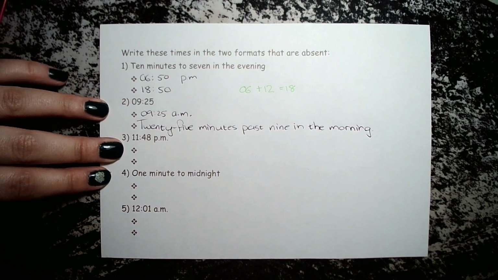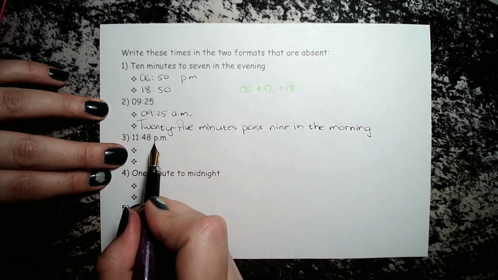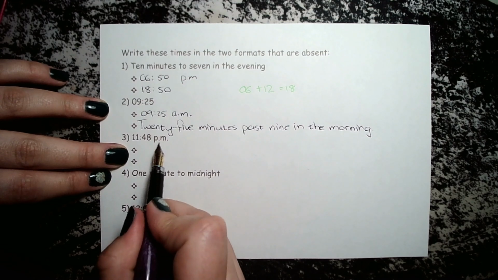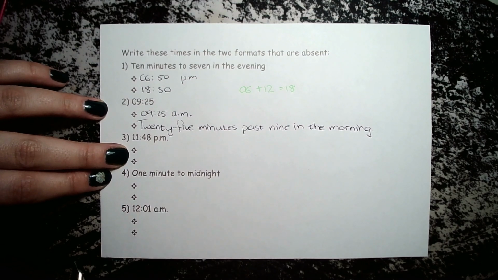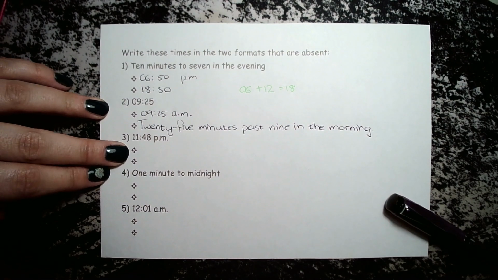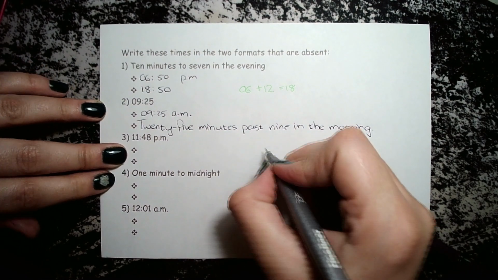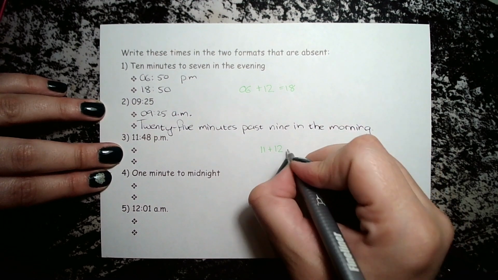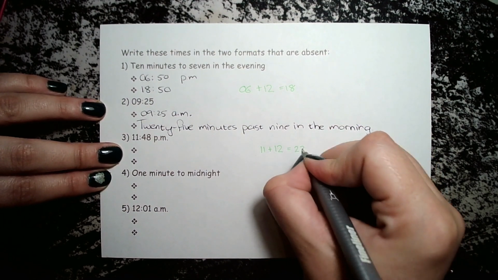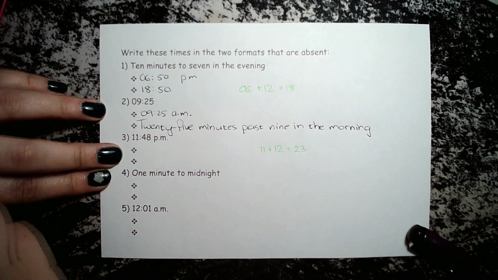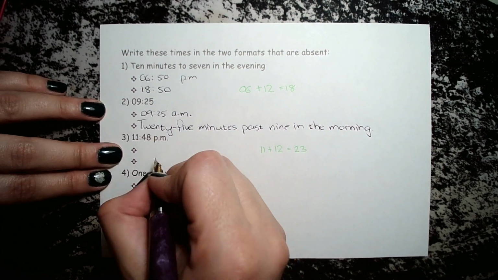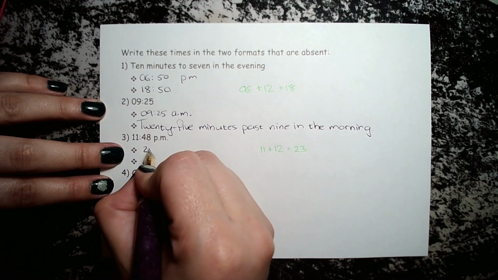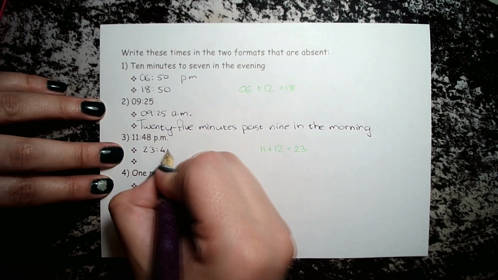For number 3, 11:48 p.m. So this is given in the 12-hour format, and this is in the afternoon or in the evening. That means that we take that 11, we add the 12 hours that have passed for the first half of the day, and we get 23. That means that in the 24-hour format, it is 23:48.